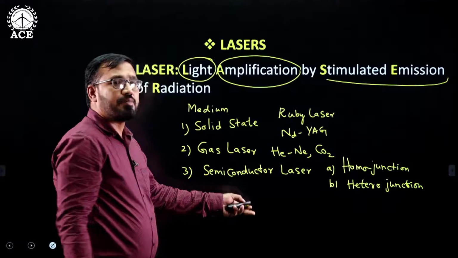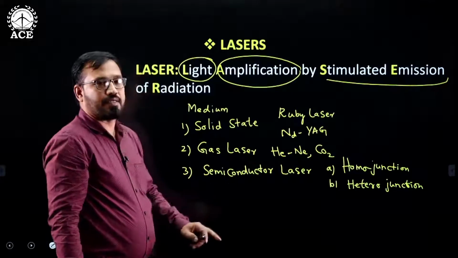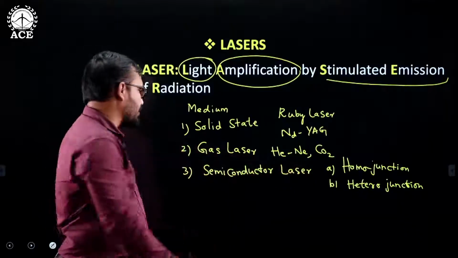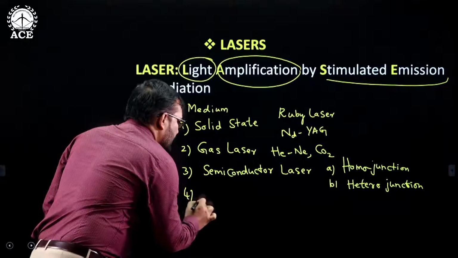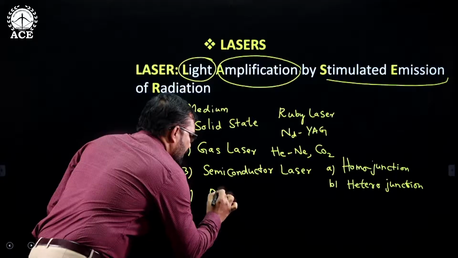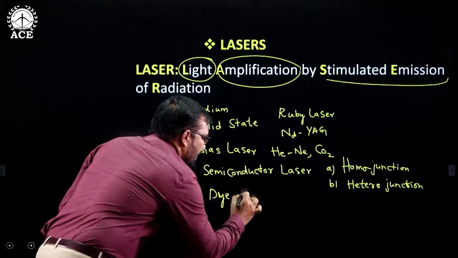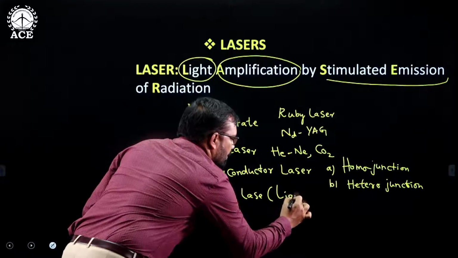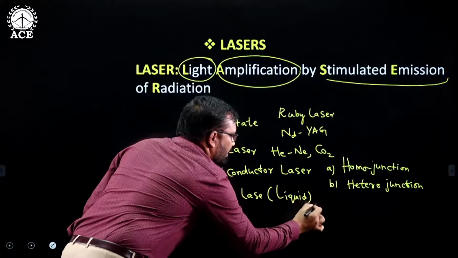These are the two different types of lasers in semiconductor. Next, the last one is the dye laser. Dye laser is a liquid laser.